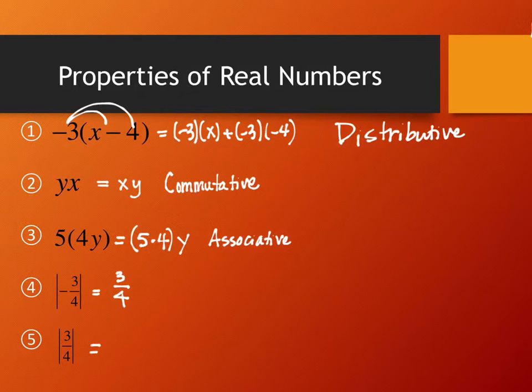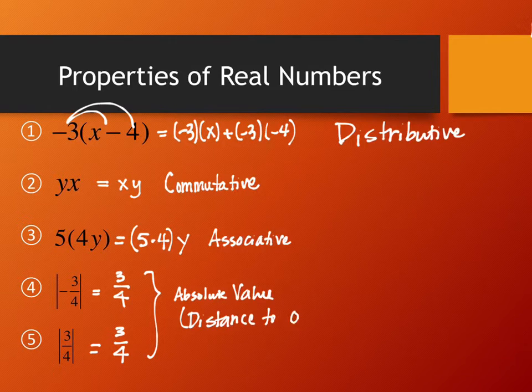And if you're measuring the distance from 3/4 back to 0, that is also 3/4. So these are absolute value properties. And what I'd like for you to remember is that it's really just measuring the distance to 0. That's why everything becomes positive. It's because distances are positive.